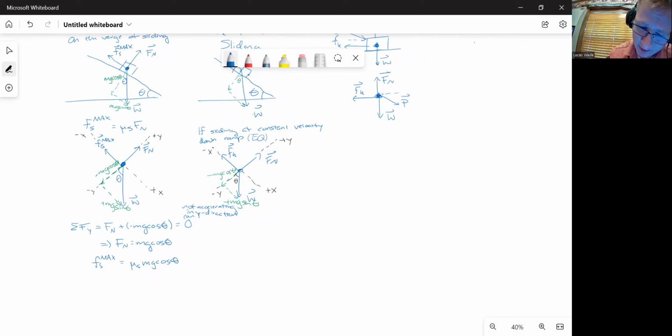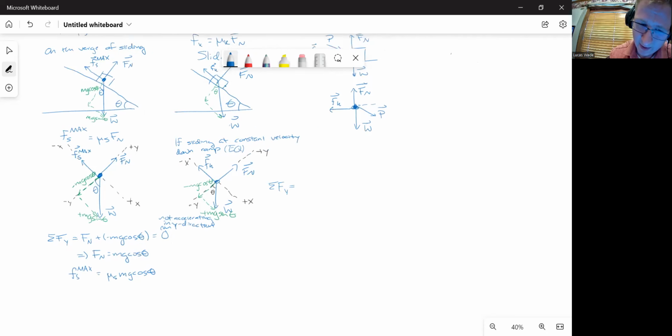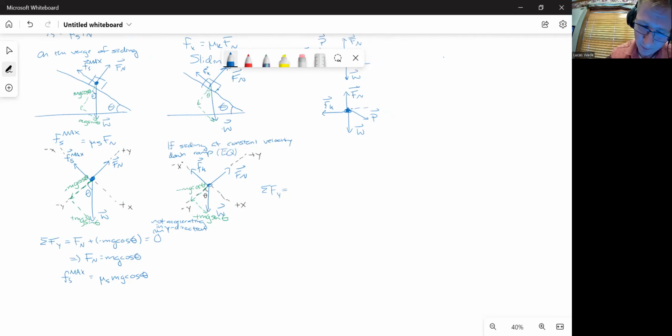So in this case, the net force in the y direction is, what do we have? The normal force and the negative mg cosine theta. And that equals, what do we say? 0.